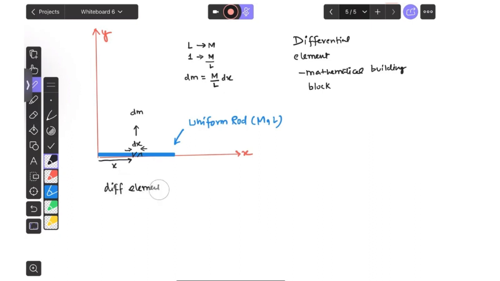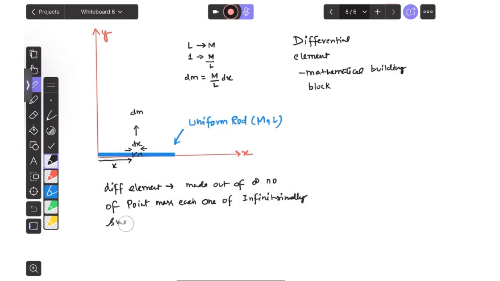The differential element that we have is made out of an infinite number of point masses, each one of infinitesimally small thickness, which is dx.